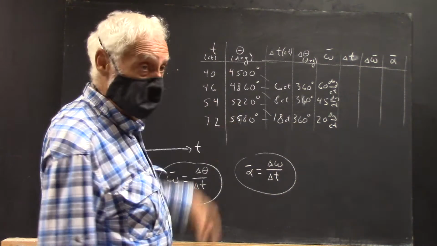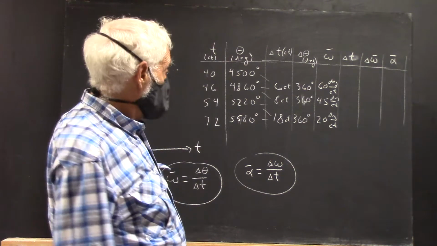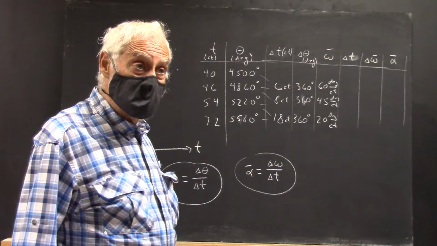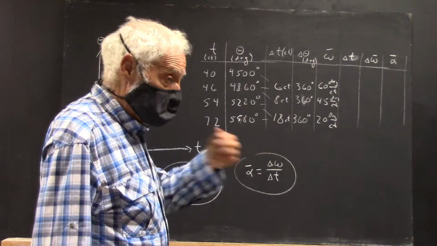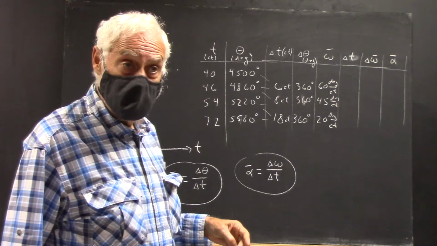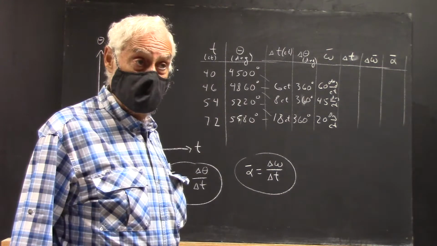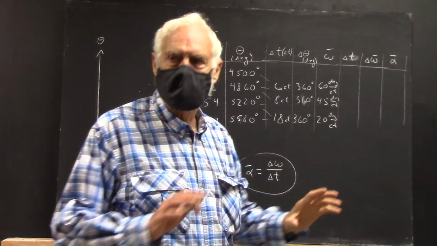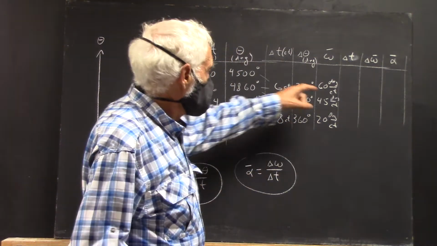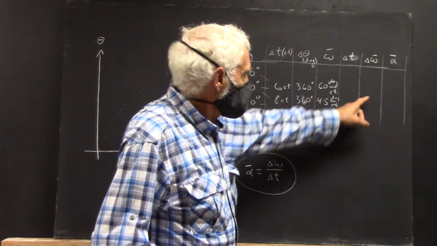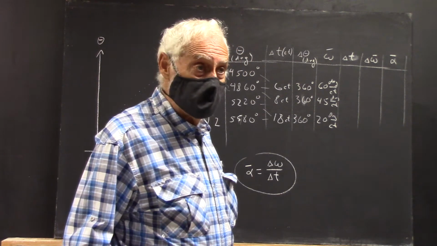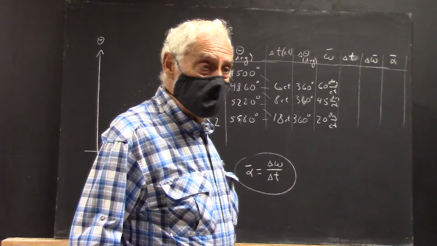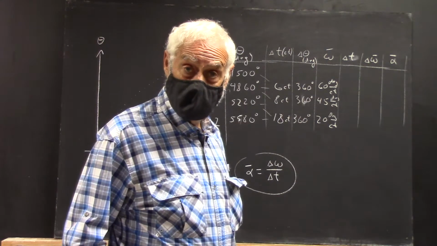We looked at the theta column, right? For obvious reasons. What would we look at to find the change in t, the delta t? We looked at the t column, right? Just getting oriented to the table, okay? So what column are we going to look at to find delta omega bar? You've got to look at the omega bar column, right?